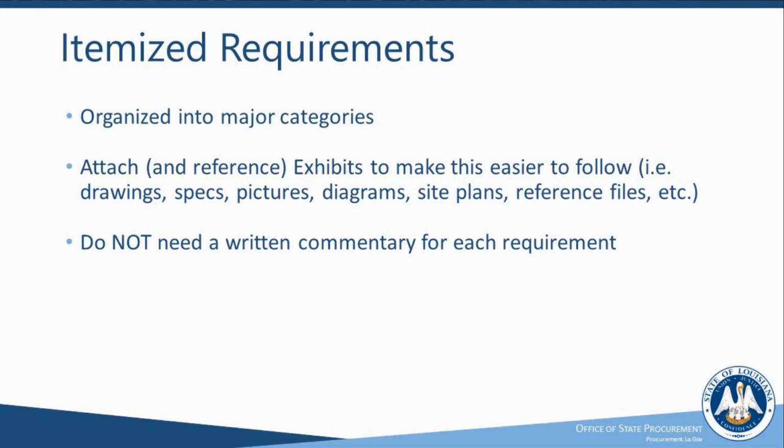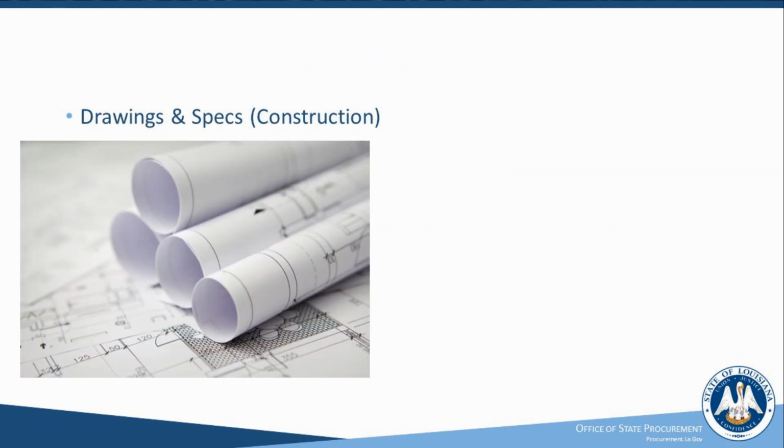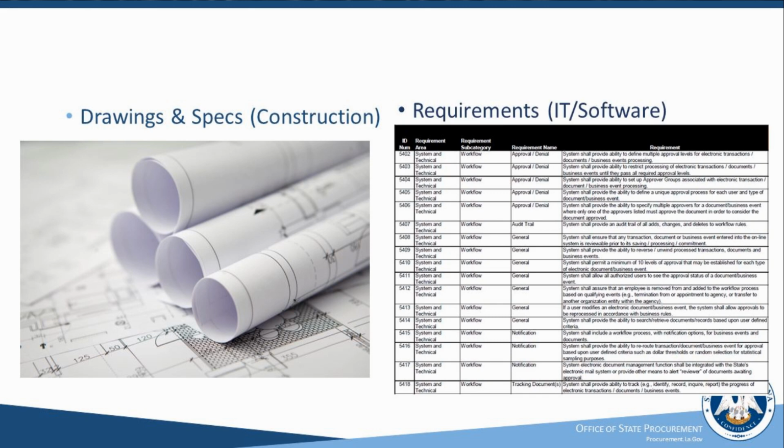Of course, the itemized requirements can be different in terms of how they're organized based upon what project type it is. If it's design and construction, then yeah, you're going to have plans, drawings, specifications. If it's IT, if it's software, they're more likely to be itemized and have a longer list. And then any type of service in between, requirements should be stated in a list form with major categories grouped together.